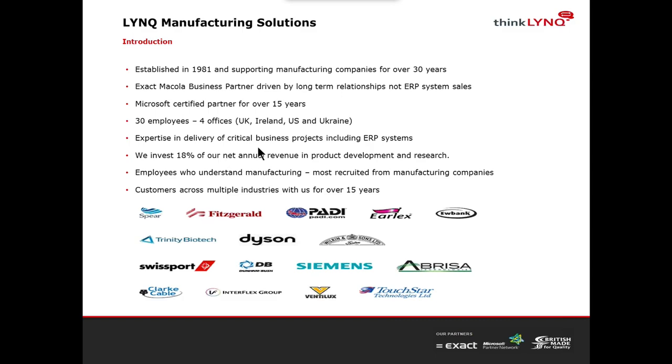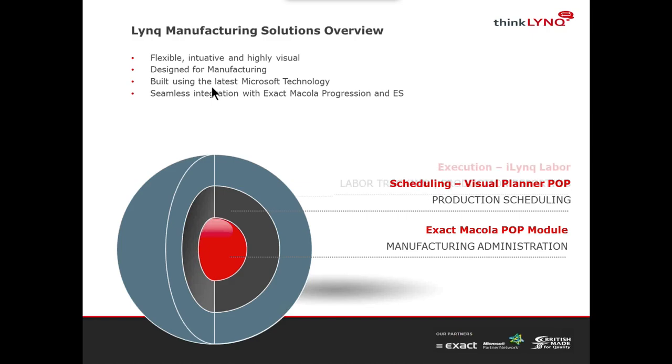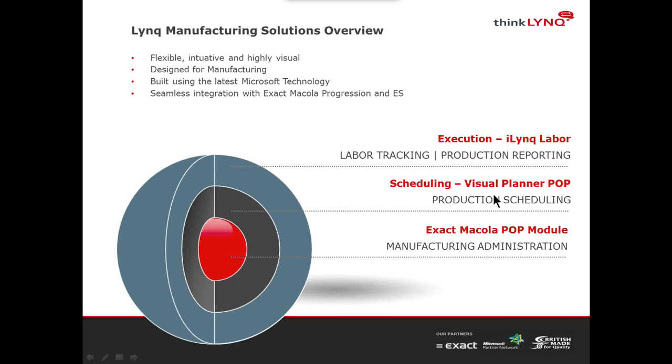And the solution that I'm going to show you today is one of a number of solutions that we have to complement and extend Macola. So as you can see, we have a number of solutions.